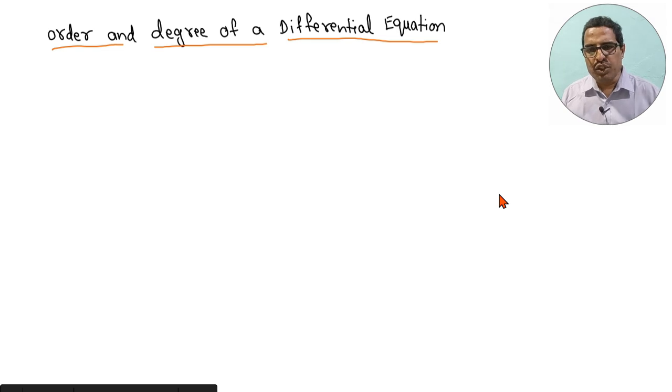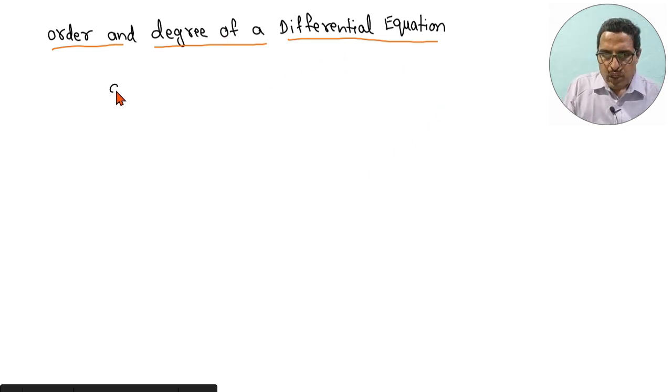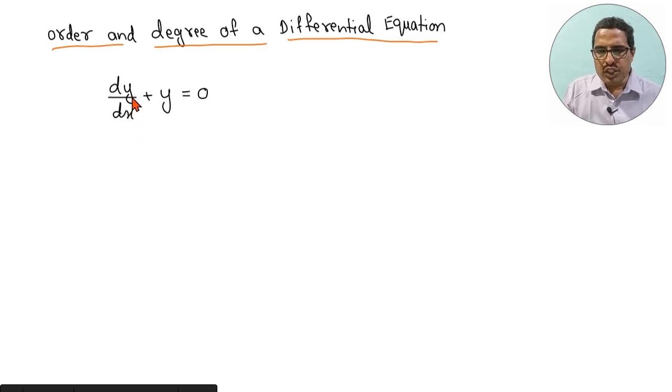Now let us try to understand the order and degree of a differential equation. Suppose I have a differential equation of the form dy by dx plus y is equal to 0. Here you can see that dy by dx is a first order derivative and y is a dependent variable. In this differential equation, we will try to see the highest order derivative.